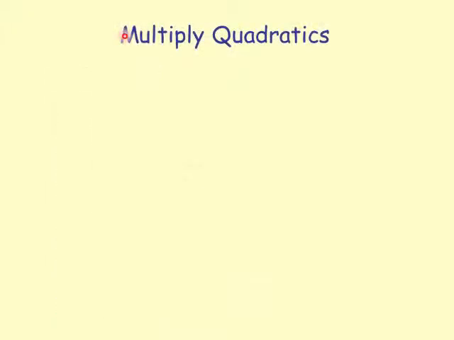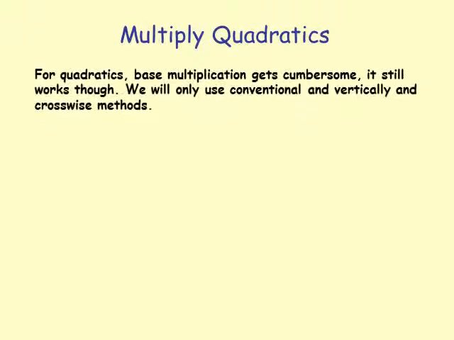All right, let's multiply quadratics. Let us see what the quadratics are again. For quadratics, base multiplication gets cumbersome. It still works though. We will only use conventional and vertically and crosswise methods. So either we would use conventional method or vertically and crosswise method.